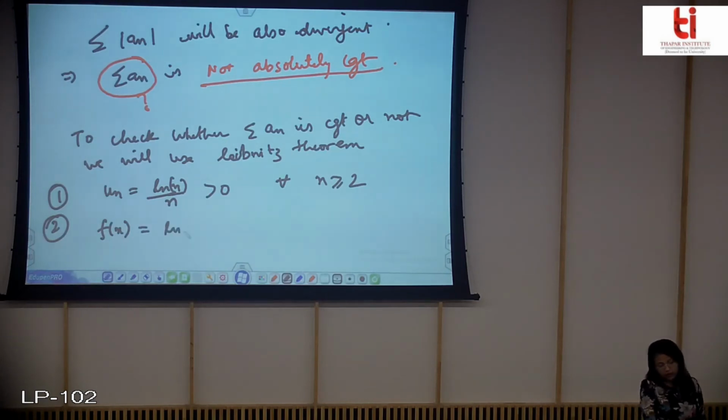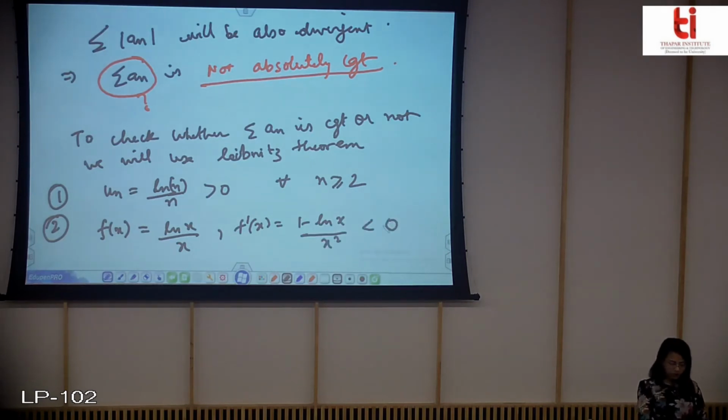So let us check by considering function f(x), and then f dash x will be equal to this, which will be less than 0 when x is greater than the exponential e, that is something like 2.7, or you can say 3.